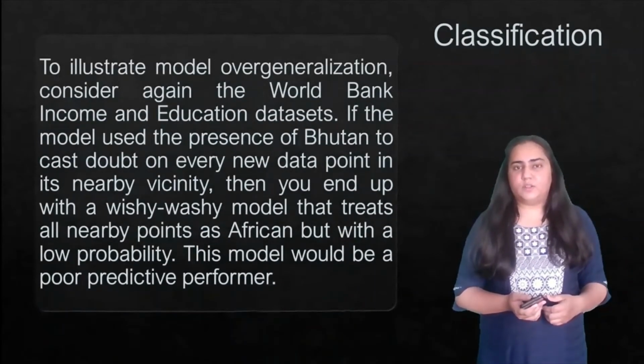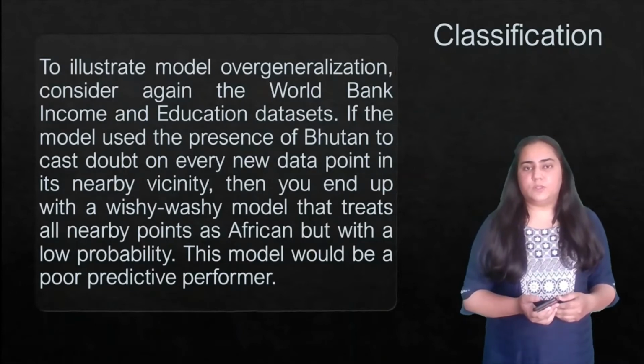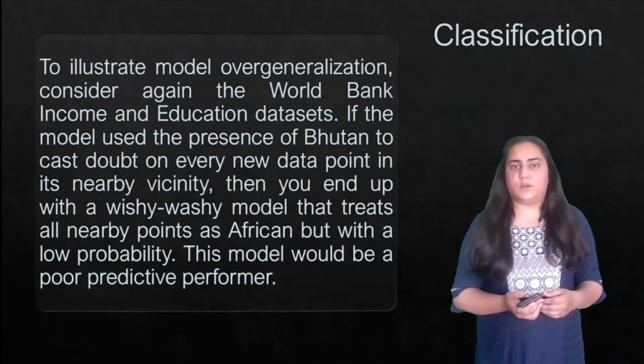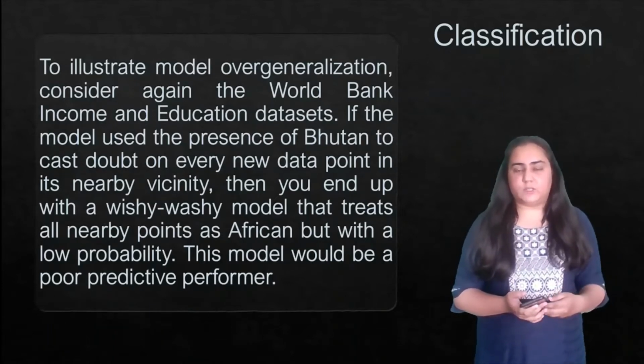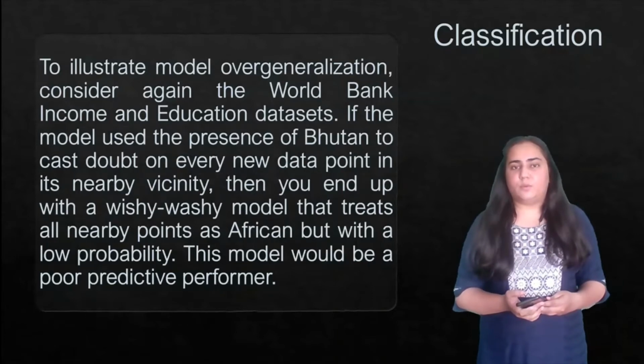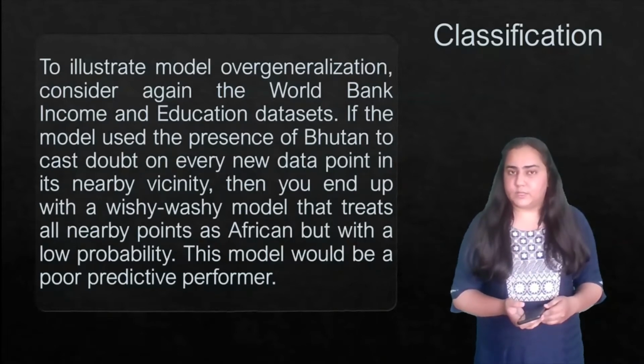To illustrate model generalization, consider again the World Bank Income and Education dataset. If the model used the presence of Bhutan to cast doubt on every new data point in its nearby vicinity, then you would end up with a wishy-washy model that treats all nearby points as African, but with a low probability.